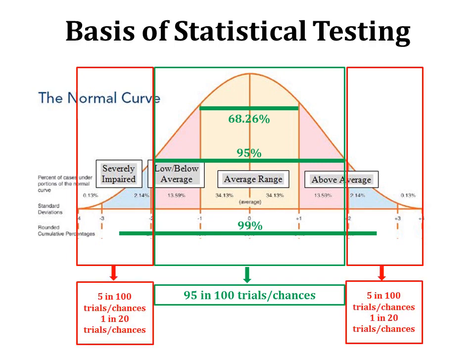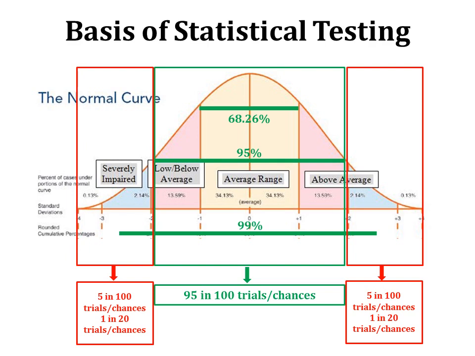And the events which lie outside have quite a low probability. Their probability is critical because their chances are 5 in 100 trials, which is a probability of 0.05. So this is the concept of probability.